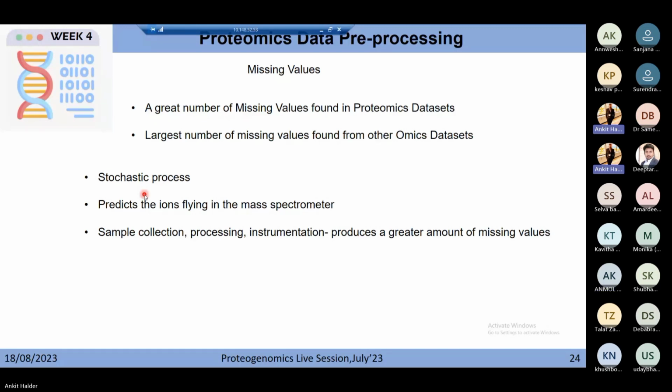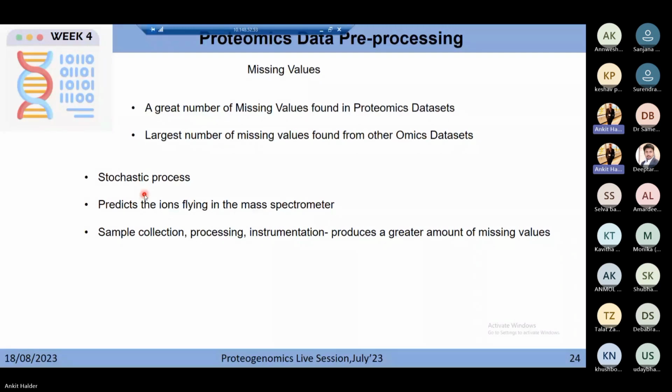Especially in proteomics, and in any mass spectrometry based datasets that we generate, be it proteomics or metabolomics, we get a lot of missing values. The largest number of missing values are obtained among these omics datasets.